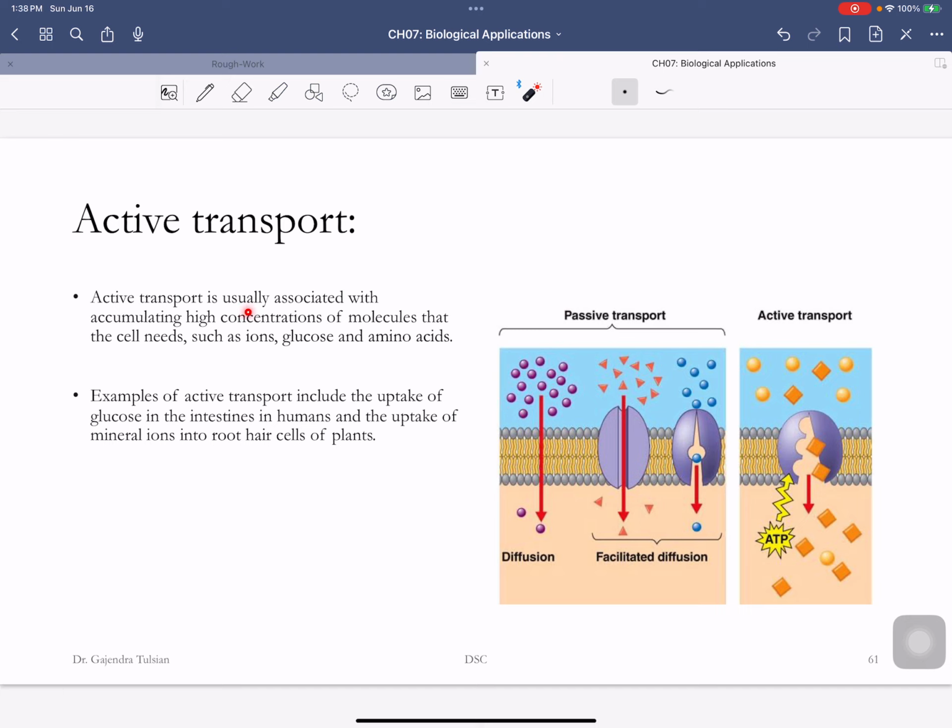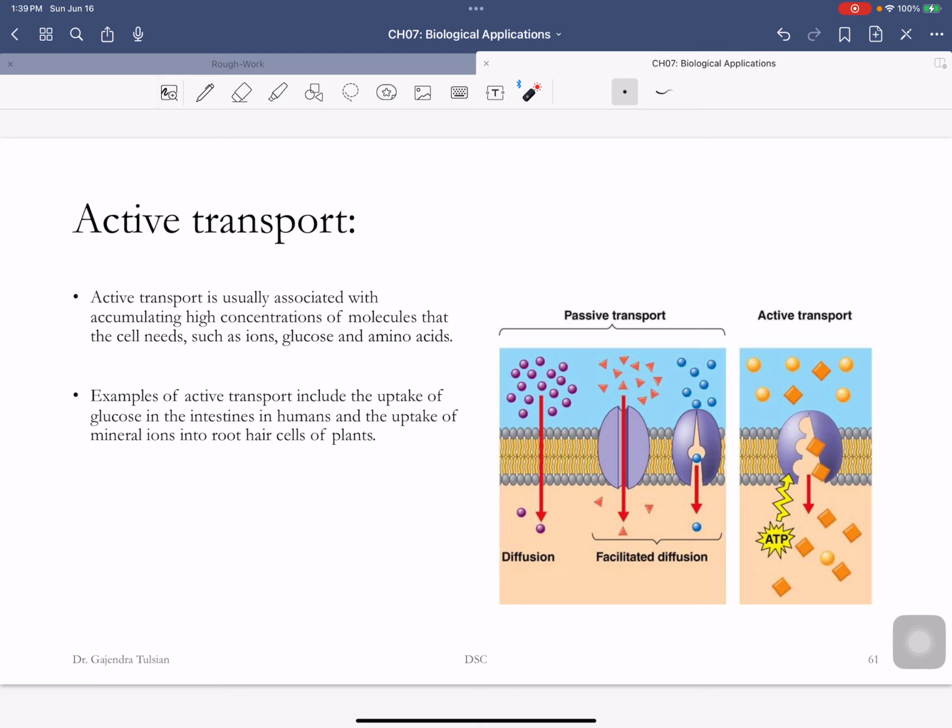Active transport is usually associated with accumulating high concentrations of molecules that the cells need, such as ions, glucose, and amino acids. Even though the cells will have a higher concentration of this, you still want to keep absorbing it from the outside, and then you have to use active transport.